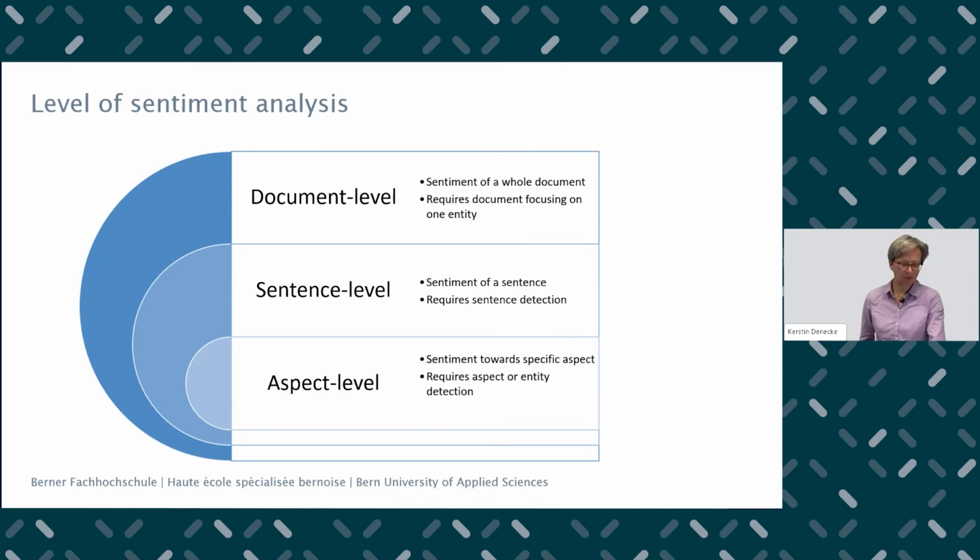An aspect can be distributed around different sentences, so then we have to identify the aspects and associate the different parts to this aspect. This is more complex, more challenging. And we can have a document level sentiment analysis, which tries to identify the sentiment of a whole document, with the challenge of having misclassifications that we have seen in the previous example.